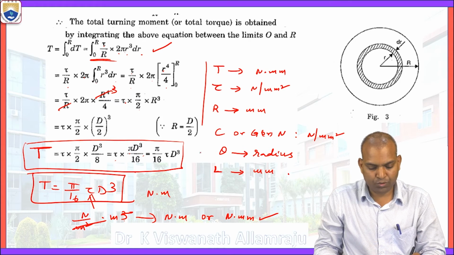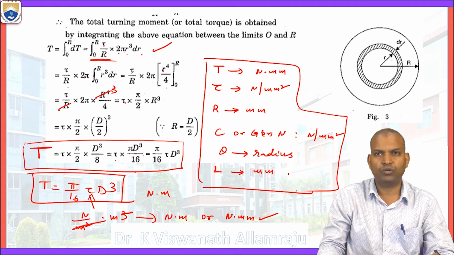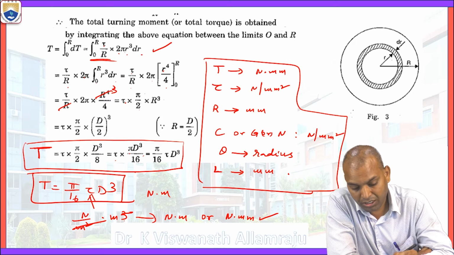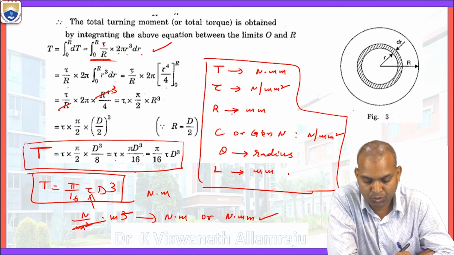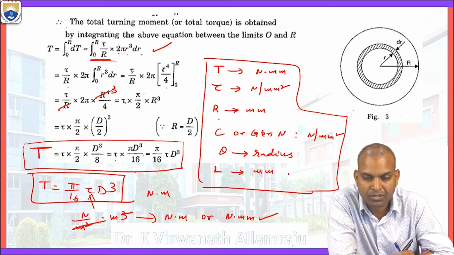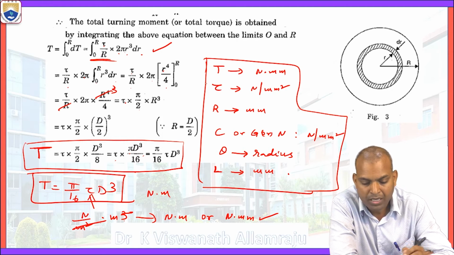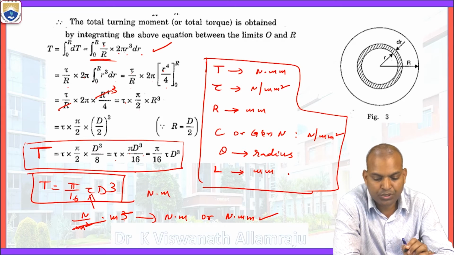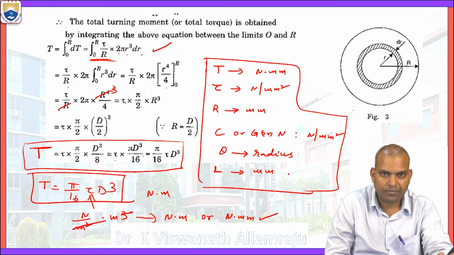These are the units to maintain dimensional homogeneity. One has to follow dimensional homogeneity. Suppose the torque is in Newton meter and we substitute the remaining quantities in Newton per square millimeter or millimeters, it is absurd and highly contradictory, and results won't come. So we always have to follow dimensional homogeneity in engineering, otherwise wrong results will be yielded.